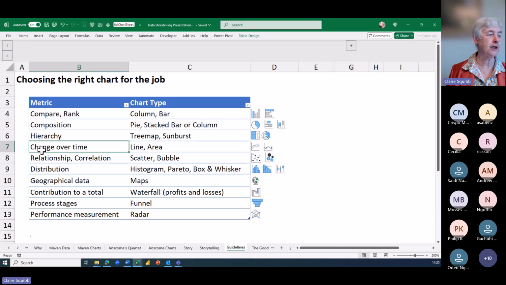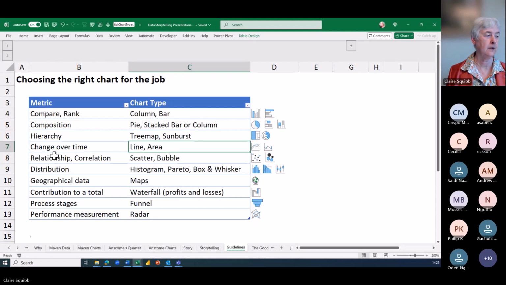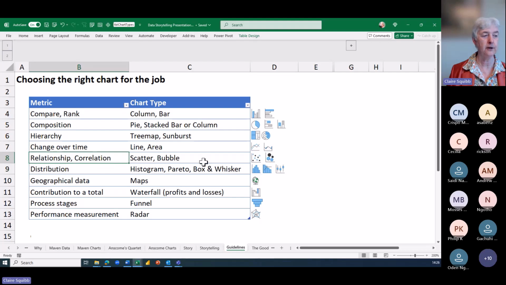If you're looking at changes over time, it is conventional to use line charts, or area charts if you want to fill them in. If you have relationships between data, you might want scatter plots or bubble charts. Bubble charts display a third dimension.